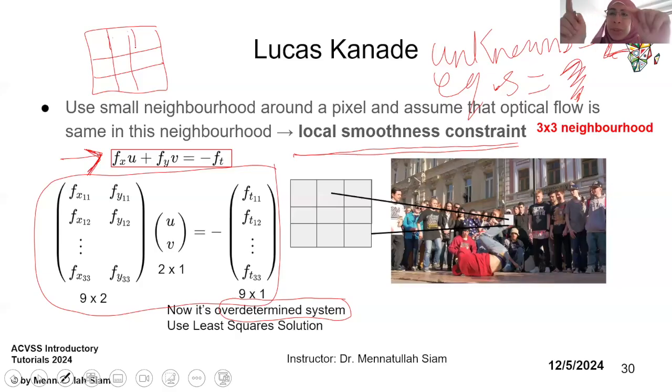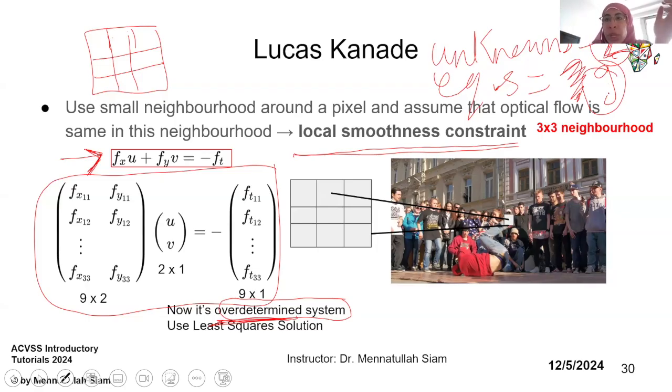So for each pixel in the 3x3 neighborhood, we are gonna have its own equation. So then we have 9, exactly. Thank you, Daniel, and thank you, Meme Diara, as well. So we have 2 unknowns, we have 9 equations. That's why it's overdetermined. If I have less, it's a problem. I need at least 2 equations, but with this local smoothness constraint, you can actually have more, which is better because you can reduce errors.